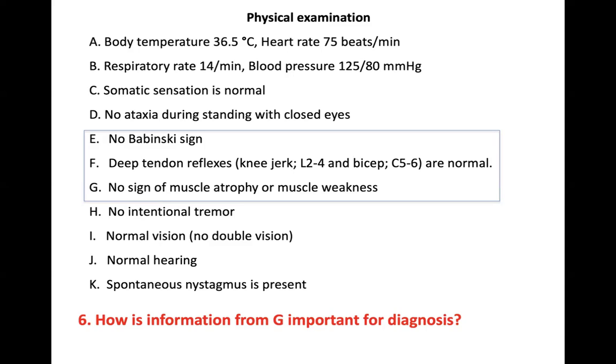So in order to test, like your friend's answer, is there any other underlying problem that causes muscle weakness and then leads to these ataxia problems in the patients? The answer for this check is no sign of muscle atrophy. That means the muscles are okay. The muscles function normally and there's no weakness. So the signal through the nerve coming down to the muscles, everything is okay.